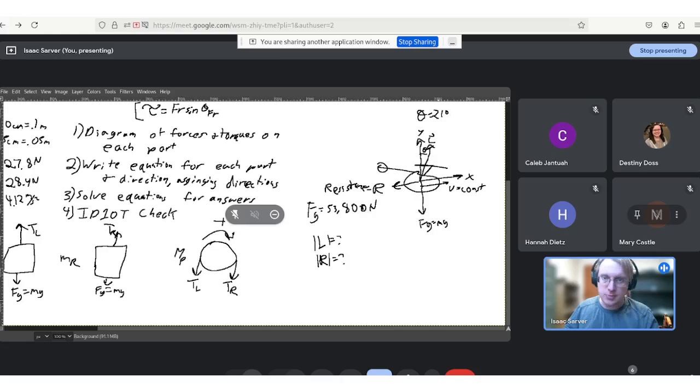Would somebody like to show me how this problem is done? If somebody doesn't volunteer, somebody will be voluntold.